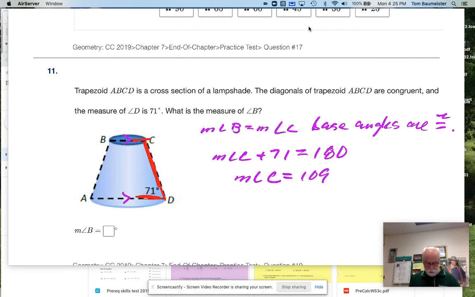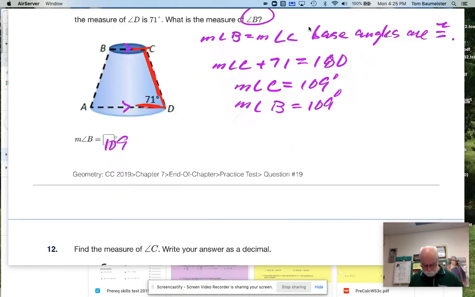And since the measure of angle B is equal to the measure of angle C, they're asking us what B is. We can say that the measure of angle B is also equal to 109. And on this one here, they did put the degree symbol there.